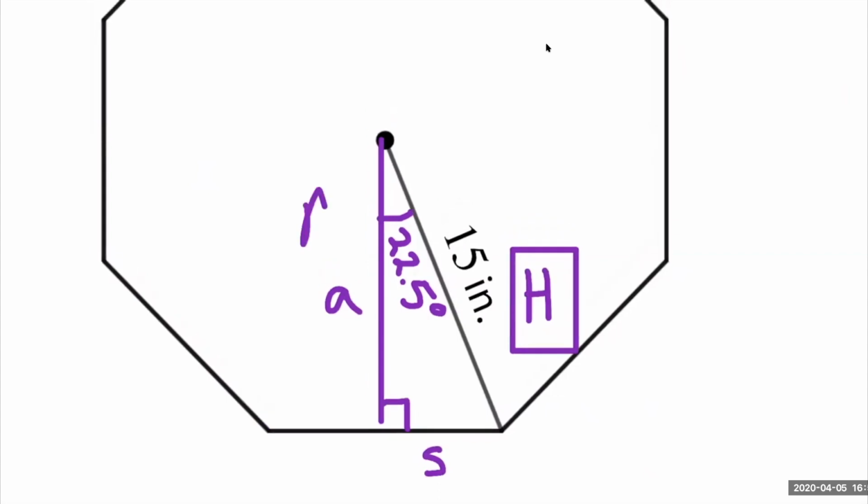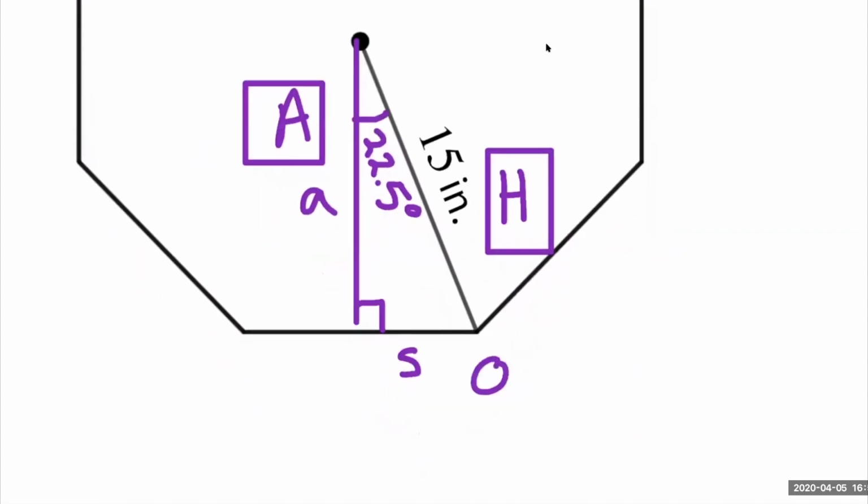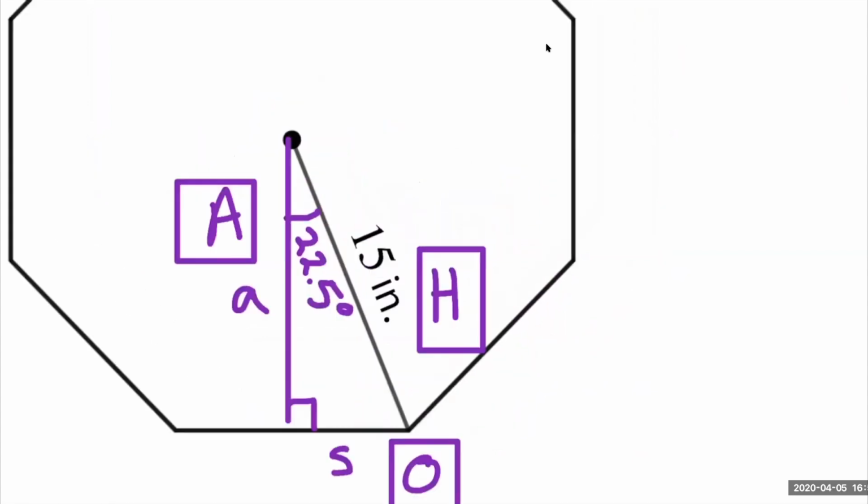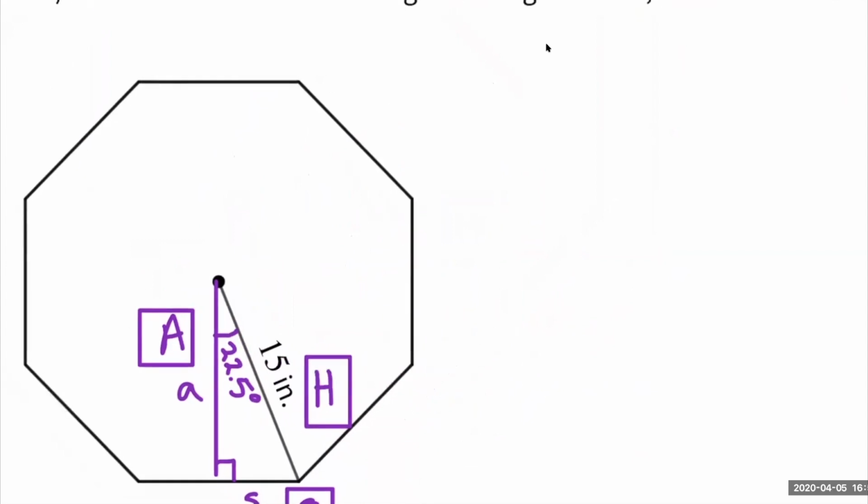This A works out nicely. It is the adjacent side. And this S is the opposite side. All right, so if we are trying to find, let's say, the apothem first, then with our adjacent and hypotenuse, we are going for cosine.